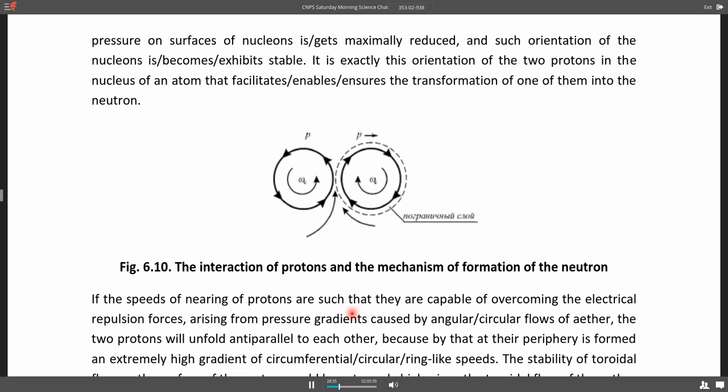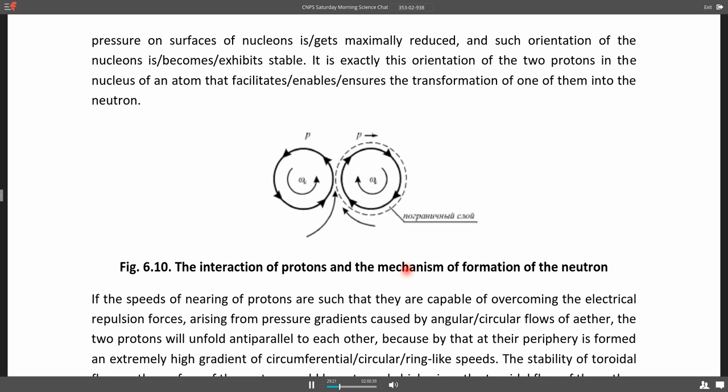But it turns out that around one of the two protons gets formed the so-called boundary layer, a spherical or toroidal circulation of the gas molecules, so that the motion that goes around the equatorial part gets neutralized. So that movement cannot impact the environment. That particle is then perceived as electrically neutral, while the motion that corresponds to the toroidal part is still present.